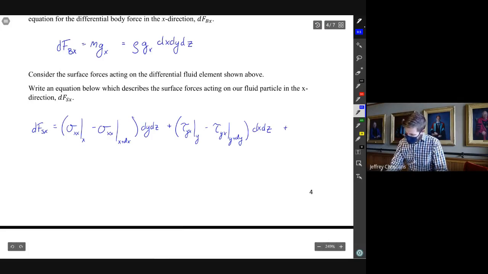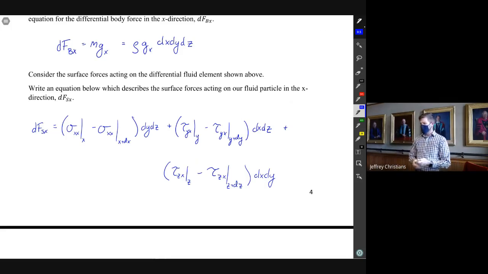Plus, and I wrote too big, so we'll jump down here, tau zx at z minus tau zx at z plus dz, times dx dy. So that's our differential force element, comparing the stress at the top and the bottom times the area, left and right times the area, front and back times the area.